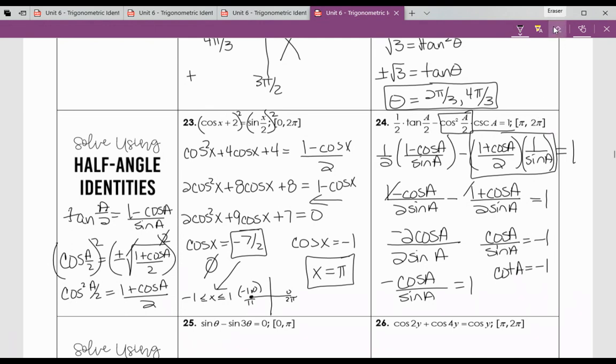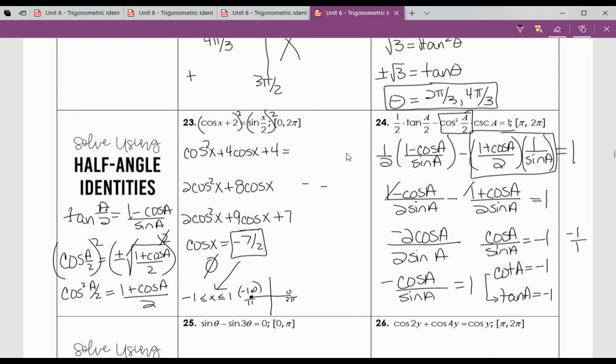Now, I don't like cotangents, so I'm going to use the reciprocal and change that to tangent A equals negative 1. If I take negative 1 and put it over 1, when you flip it, you still end up with negative 1.